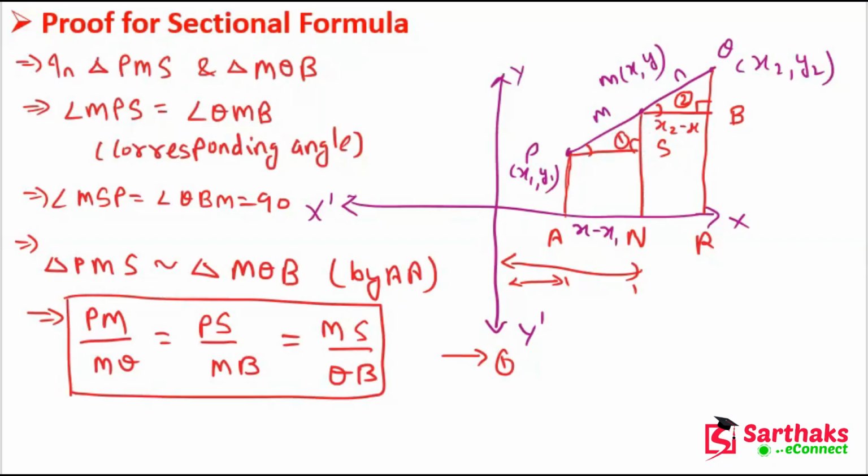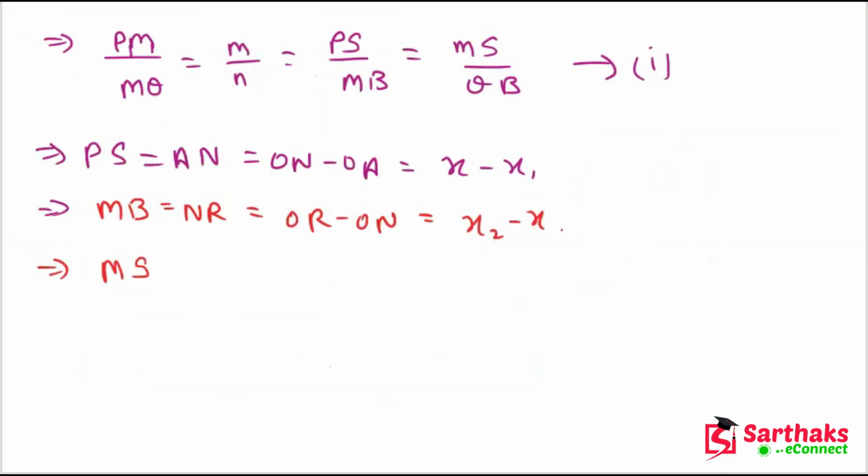So MS is equal to MN minus SN, which is equal to y minus y1.